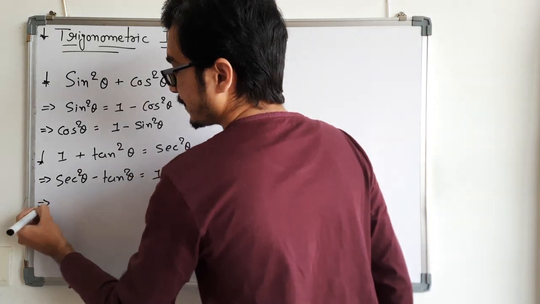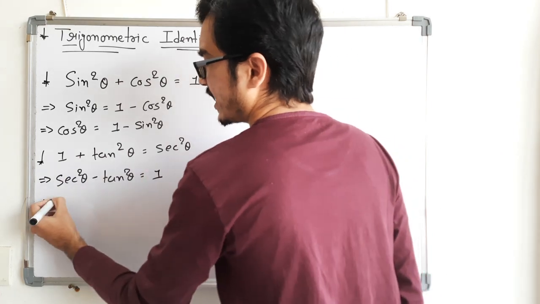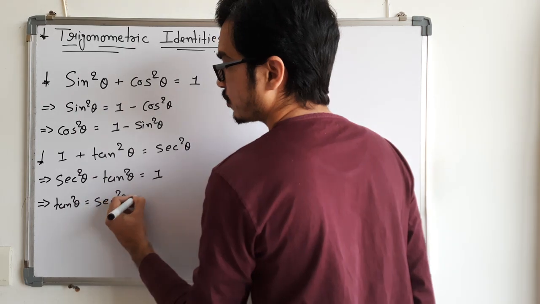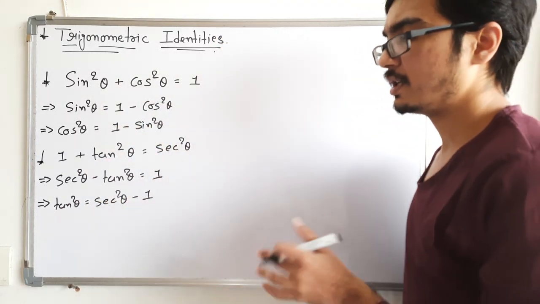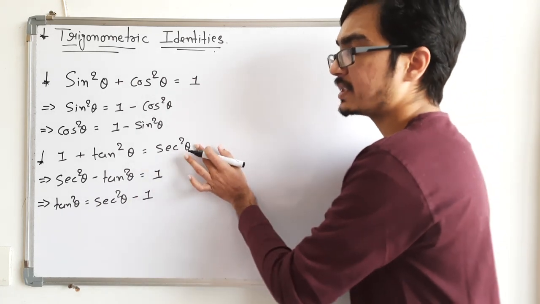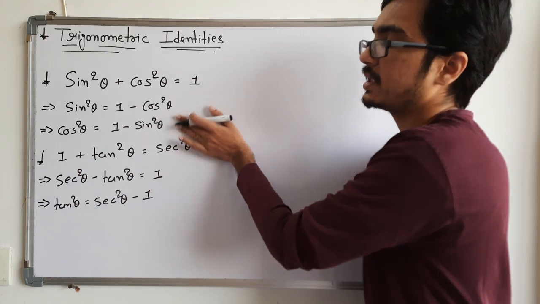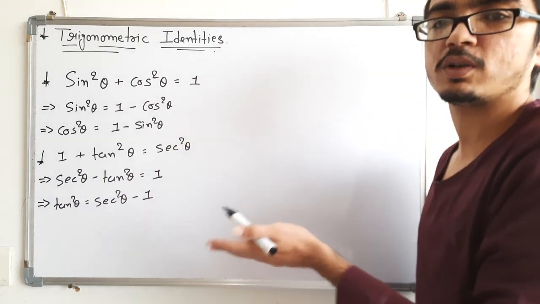Then after, we can say that tan square theta is equal to sec square theta minus 1 if I shift 1 to the right hand side. So from this single identity we will have these two relations too. So we can use these relations in one sum or the other.